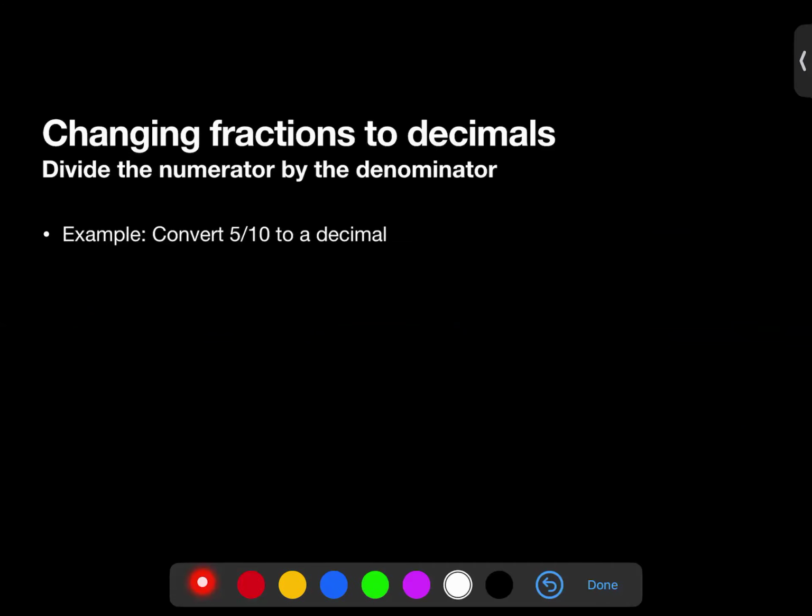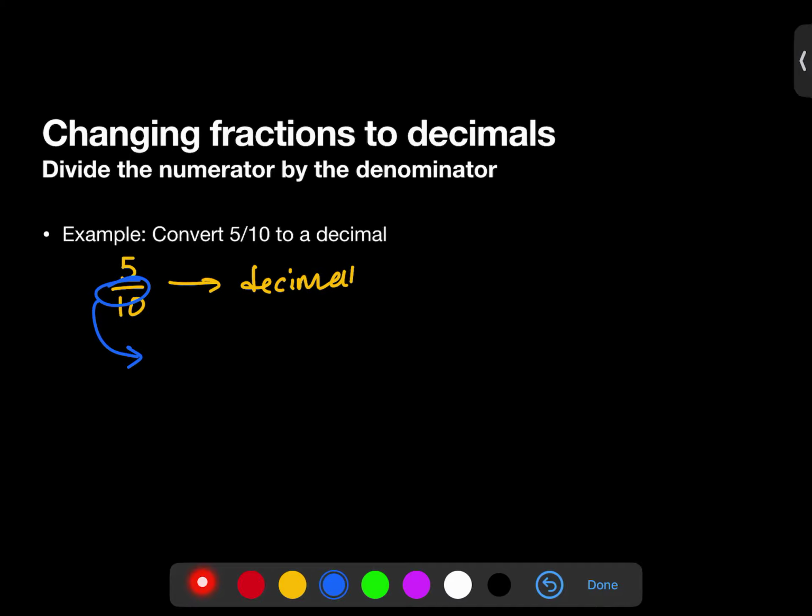So let's try this one. We want to go from 5/10 to a decimal. So how do we do this? Can anyone tell me? So remember, the line here. 0.5 is correct, yes, but how do we get there, right?